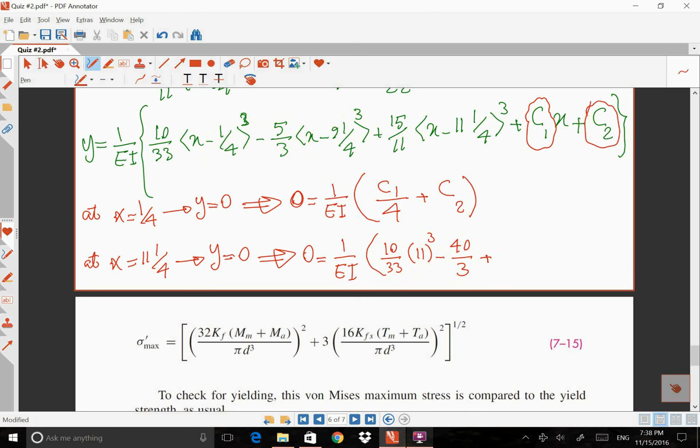And plus 45 for C1 plus C2. Okay. So by solving these two equations, I can find C1 and C2.